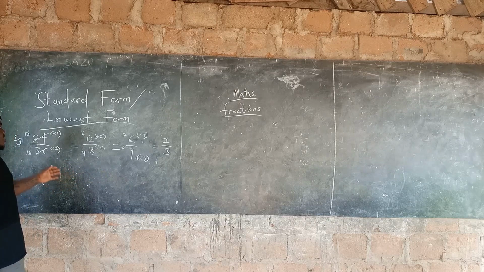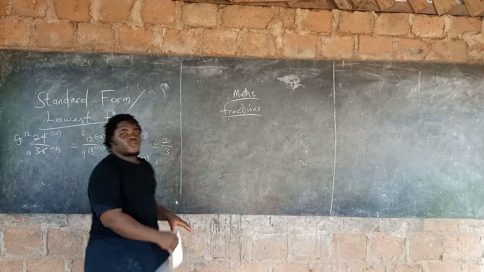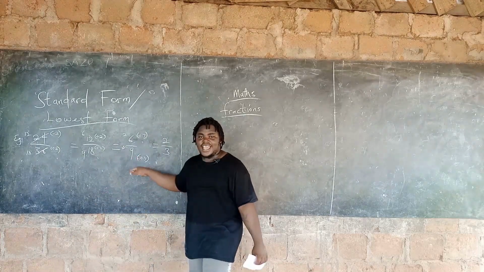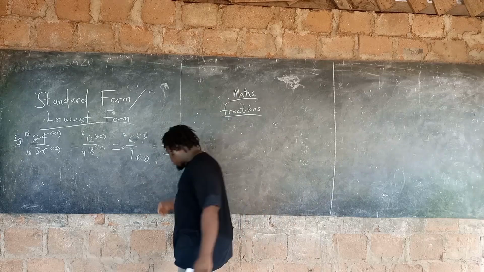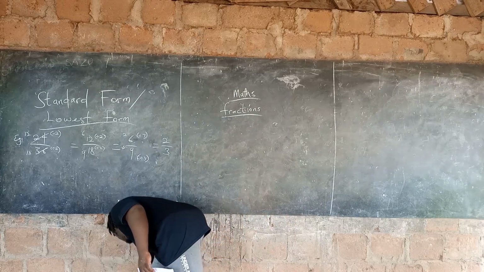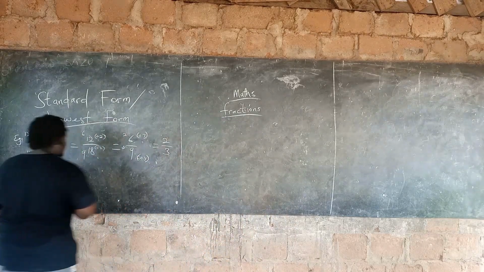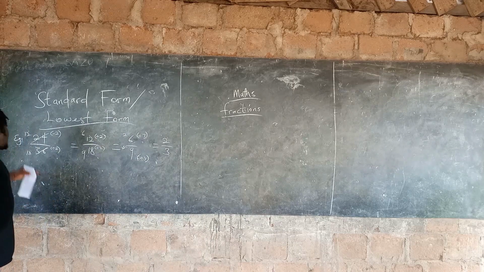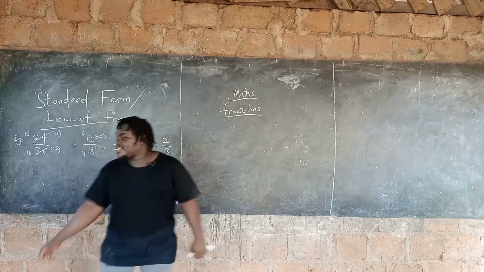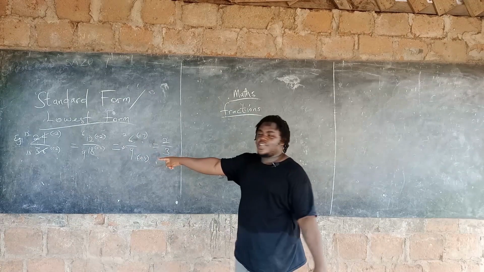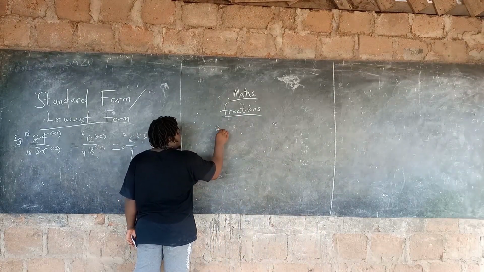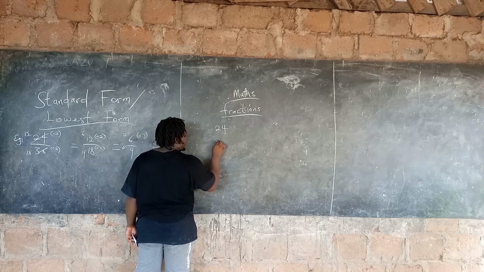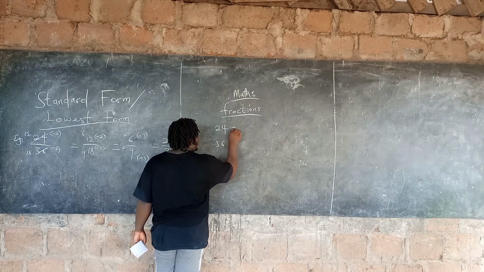You know why? Because we've not used the highest common factor. So now, let's find the highest common factor for 24 and 36.